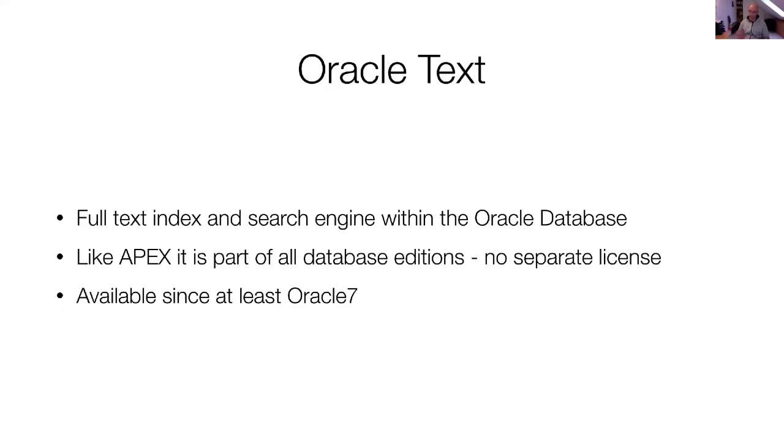We will come to that later on. But we will also see it's part of all database editions. That does not require a separate license. And Oracle Text was in the database even before I joined Oracle. It's available at least since Oracle 7, and if I'm not mistaken, even before.